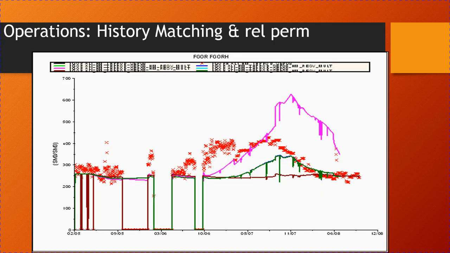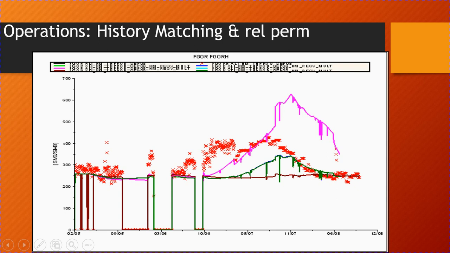So this is a plot, when you work in operations, of an attempt to history match a curve. So typically you have this red cross which represents the actual gas production data, and you have different attempts to match it. So you have a plot that matches it at the beginning but not the end, and the green plot that matches it at the end but not the beginning.